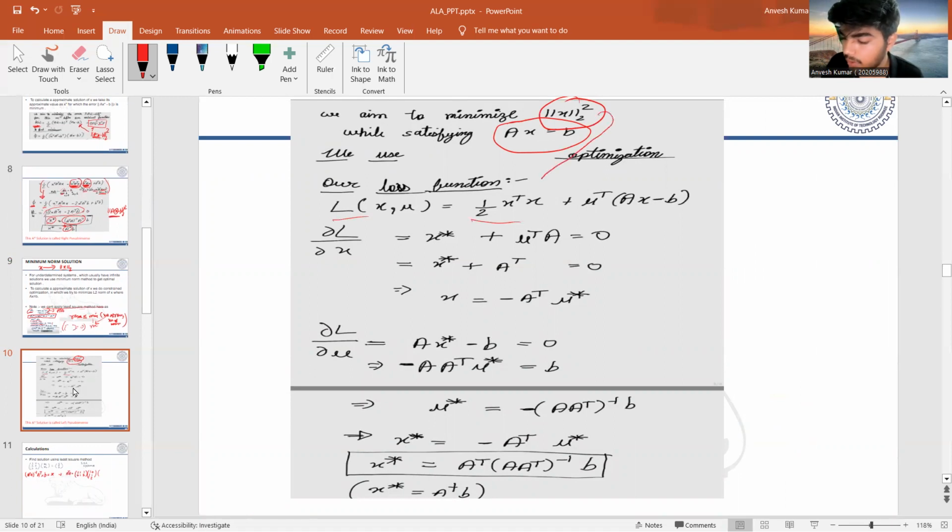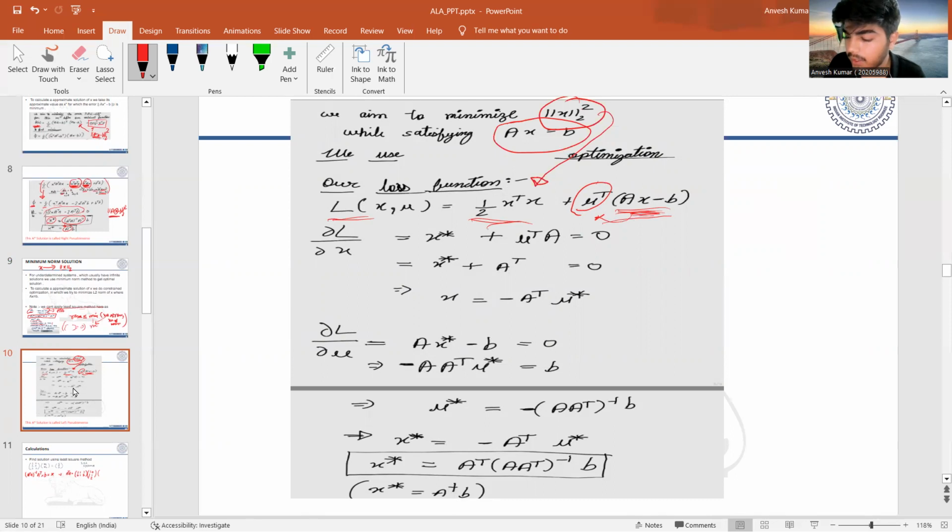L2 norm of x can be written as x transpose x. And this is a Lagrangian multiplier, which basically adds an additional constraint. We applied this constraint using this Lagrangian multiplier. So these are our two conditions or constraints which we are going to apply.